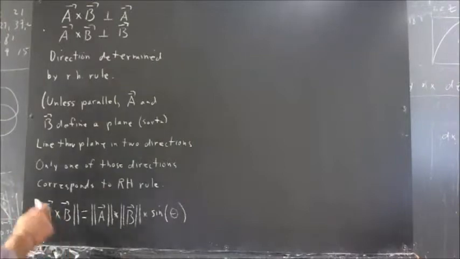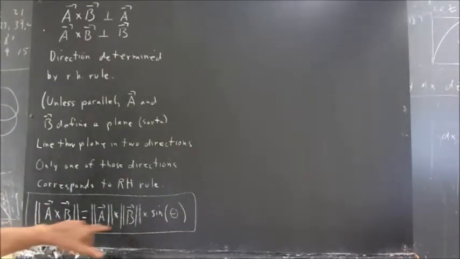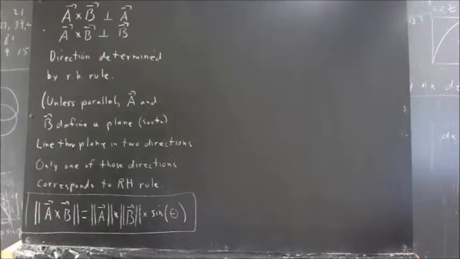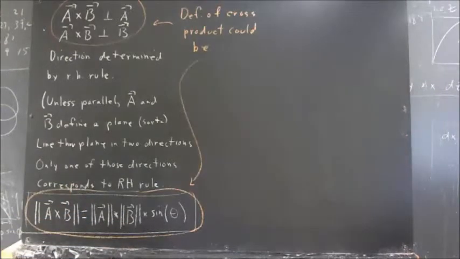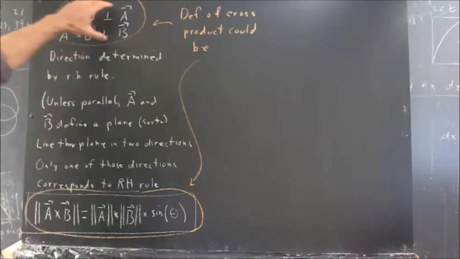Simply say that from our definition, we can conclude this. And this is an extremely useful and powerful correlation. I'll comment that the definition of the cross product could have been taken as this.